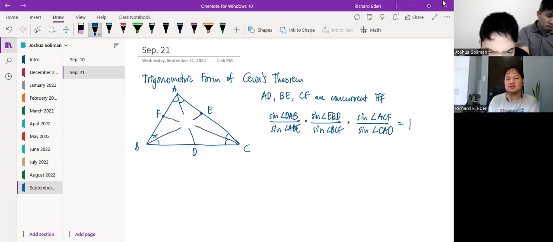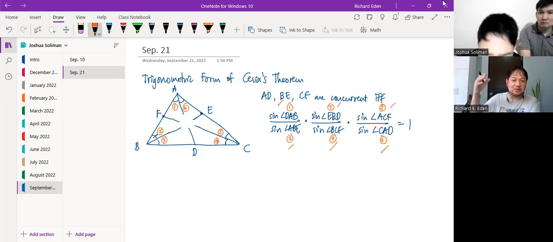You could also decide to go the other way, 1, 6, 5, 4, 3, 2.